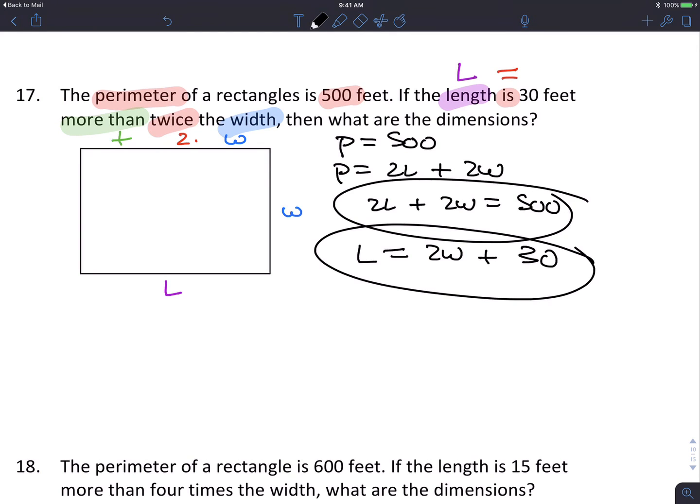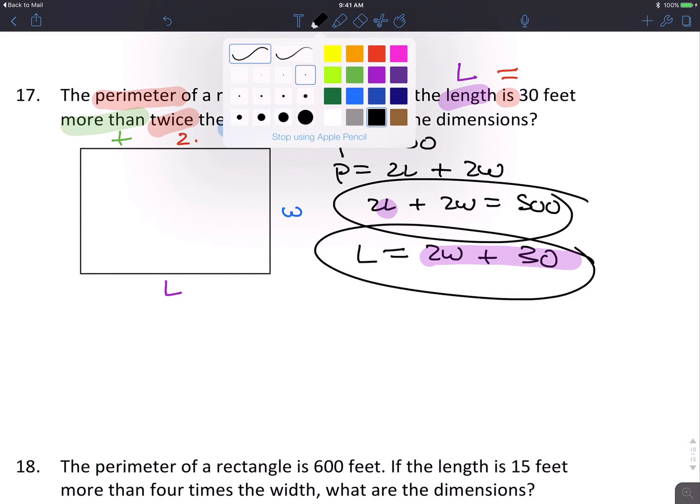Now we substitute. L is in purple. It's 2W plus 30. We substitute right here. Let's get the new equation here.